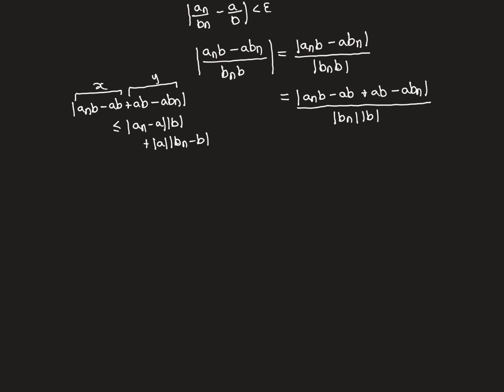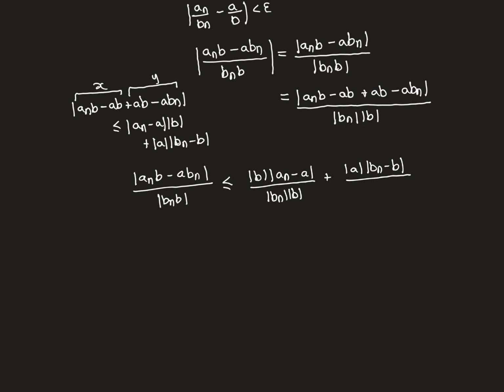So we'll therefore get that the thing that we want, mod a_n b minus a b_n over mod b_n b, which I've just written out again, is going to overall be less than or equal to mod b times mod a_n minus a divided by mod b_n mod b, plus mod a times mod b_n minus b over mod b times mod b_n.